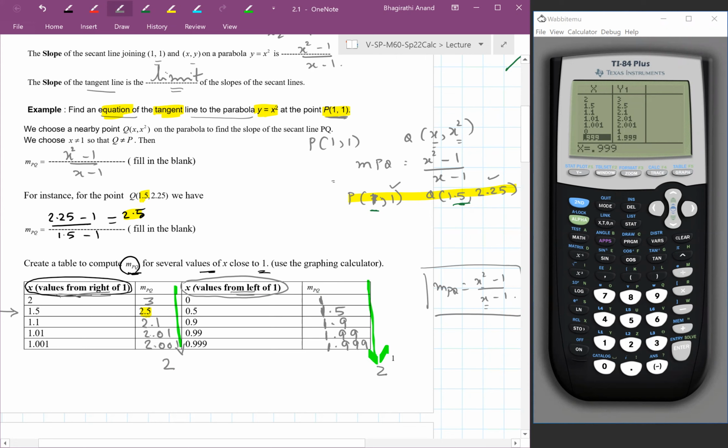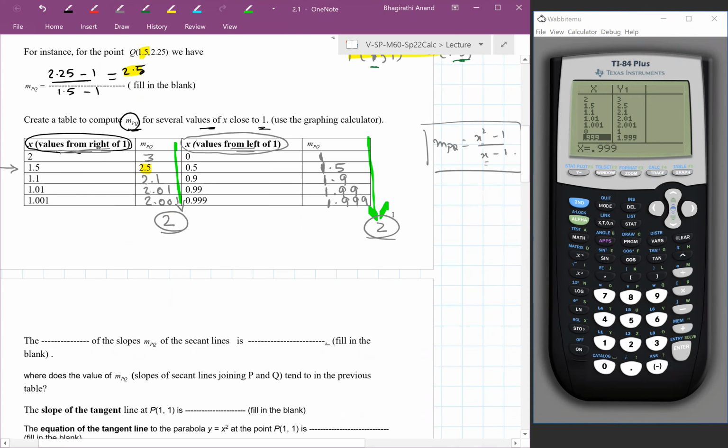The word approach, in calculus, is turned into limit. So the limit of the slopes of the secant lines on either side of P approaches the value 2, which means 2 is the slope of the tangent line. This is a longer way of doing it, but this is the table method.